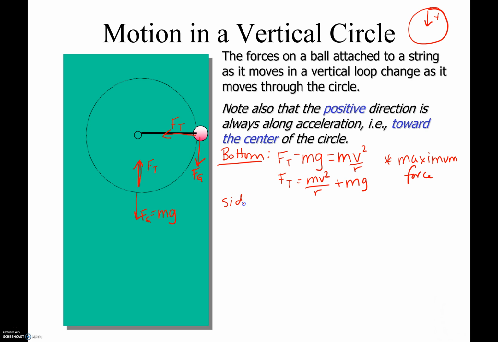So at the side of a circle, if I'm perfectly at the side, then my equation for the circular force is just the force of tension. So the force of tension is equal to mass times the centripetal acceleration, or mv squared over r. So here, the weight of the object has no effect on the tension.